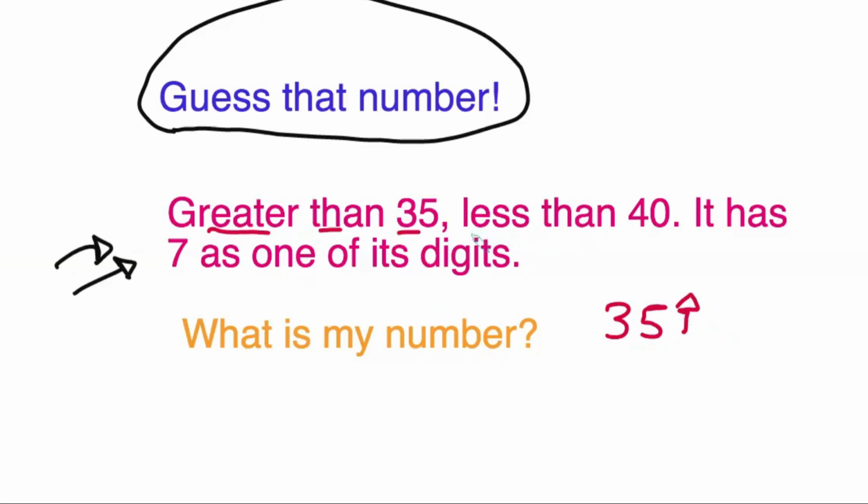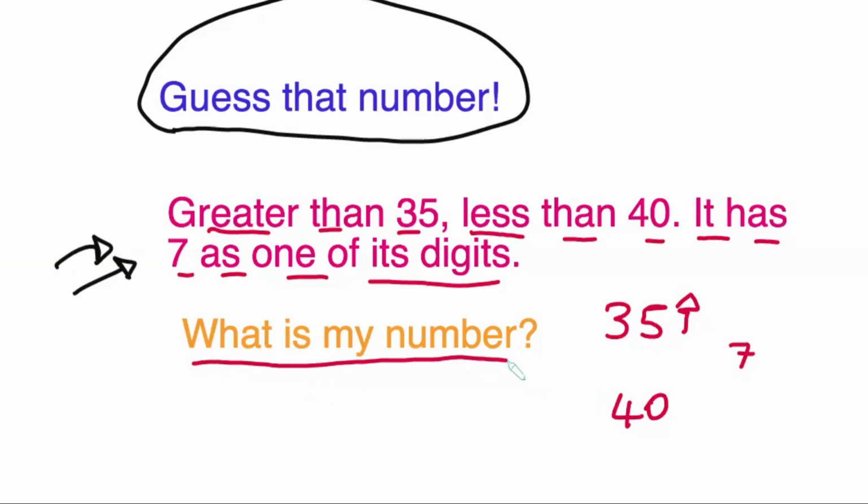But it is also less than 40. So it's less than 40 here. It has 7 as one of its digits. What is my number?